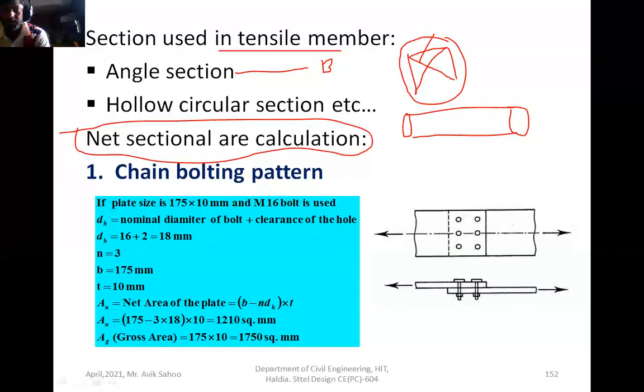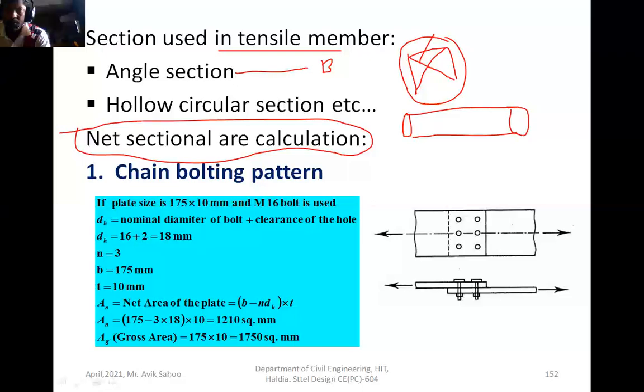Because this is a plate, and two plates are joined by bolting. To use the bolt, you have to make a hole in the plate. Due to the presence of the hole, the area of the plate is reduced.